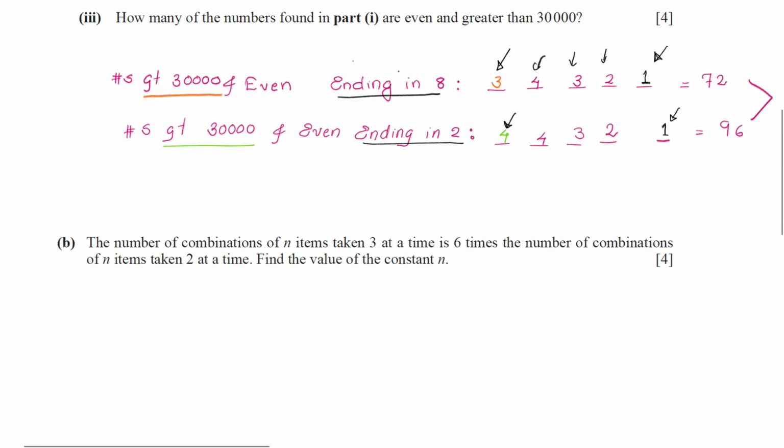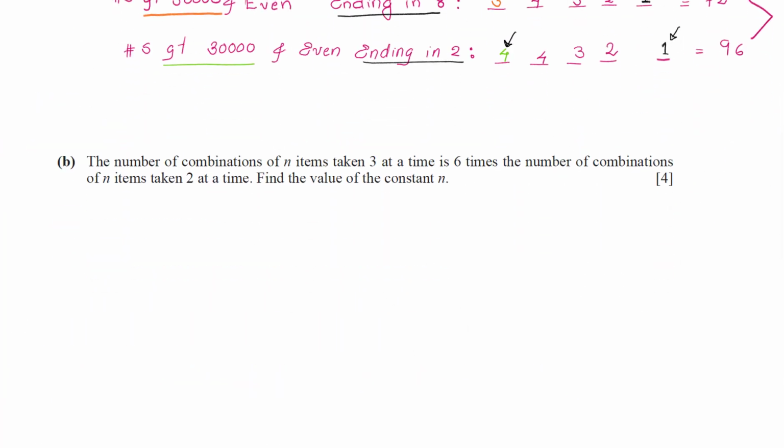Let's go to the last question. It says the number of combinations of n taken 3 at a time. So this is nC3, and the question says that is 6 times the number of combinations of n taken 2 at a time.